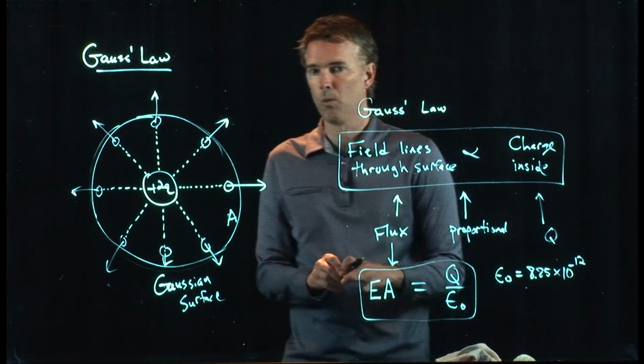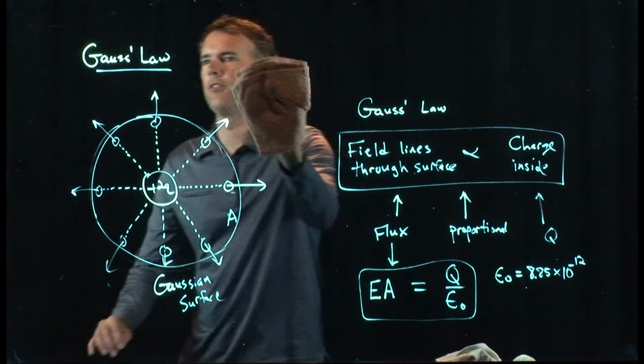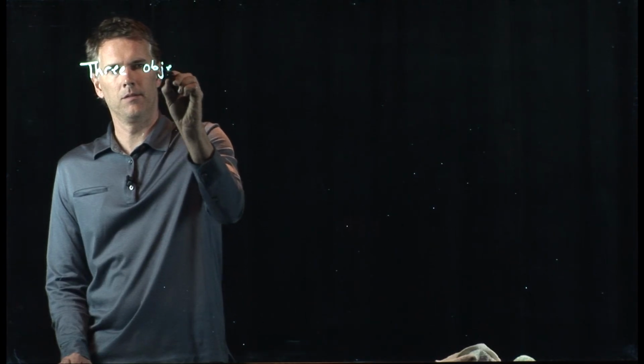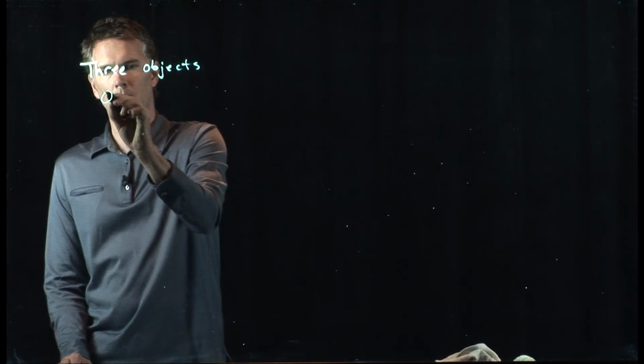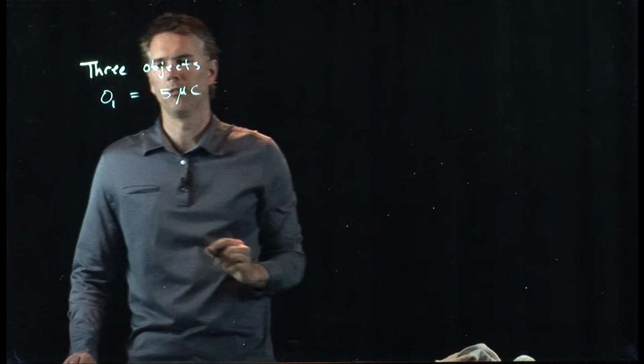All right, so let's take a look at one of your homework problems that, in fact, deals with that question. So let's say we have the following. We have 3 objects. O1 has a charge of 5 microcoulombs.